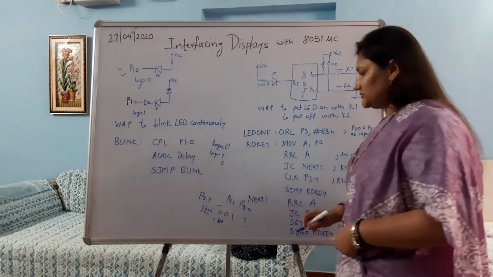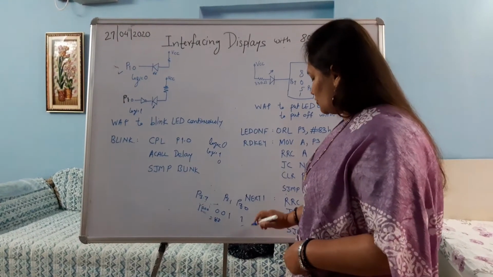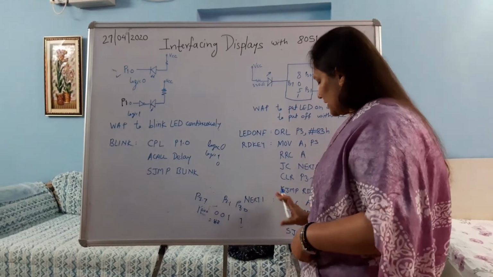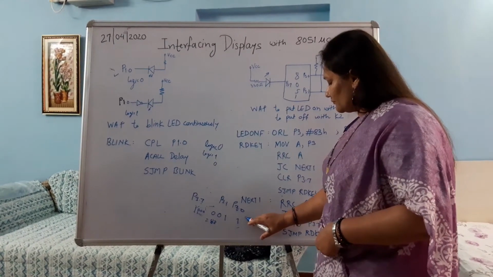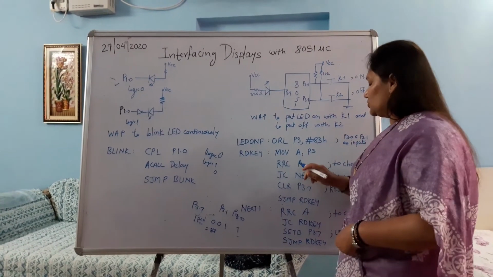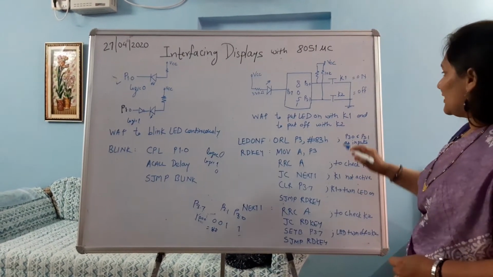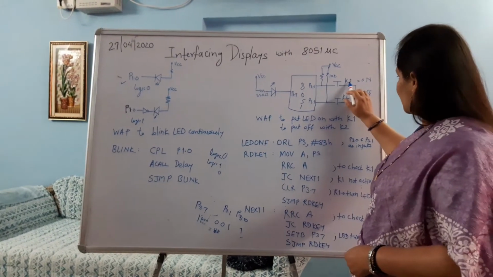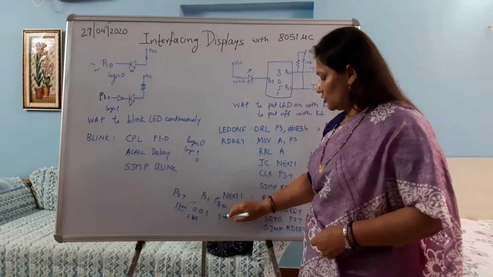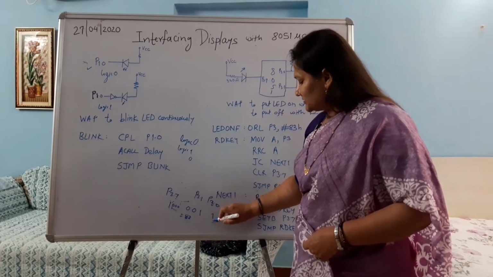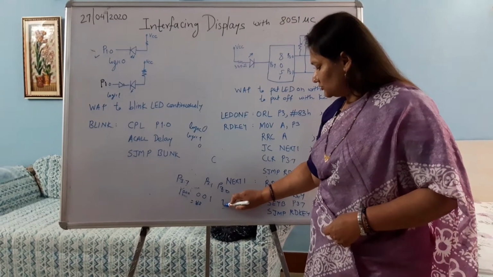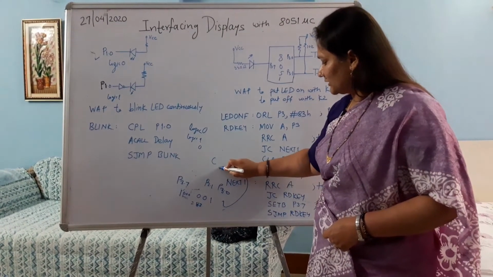Rotate right means you are rotating it towards the right. Where is your key K1 arranged? K1 is arranged at port 3.0. So RRC will rotate this right, so this status will go into carry.